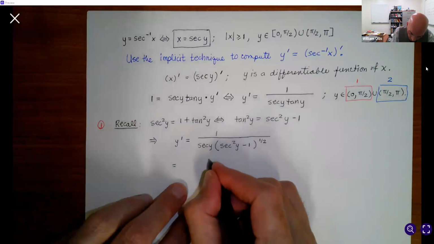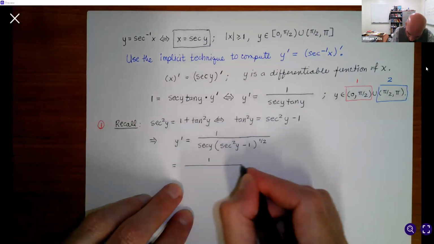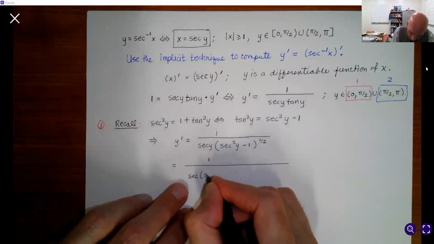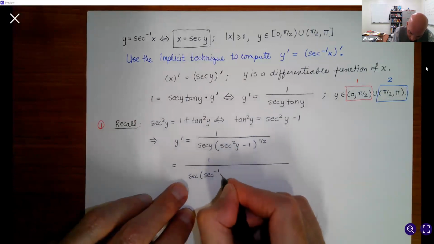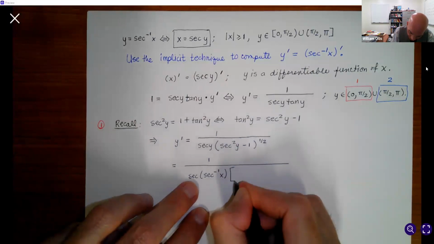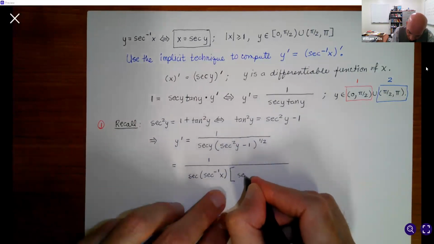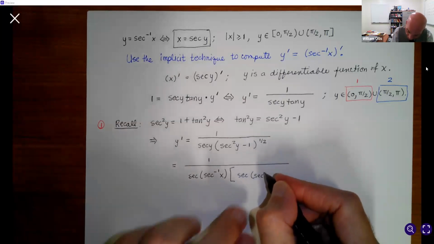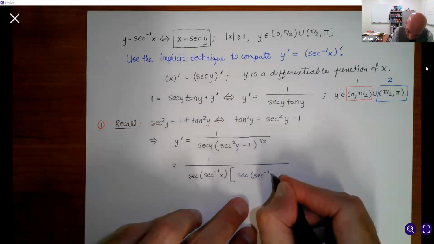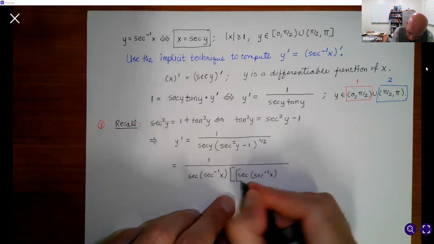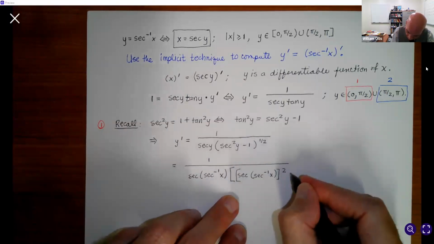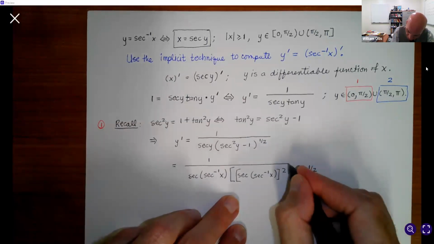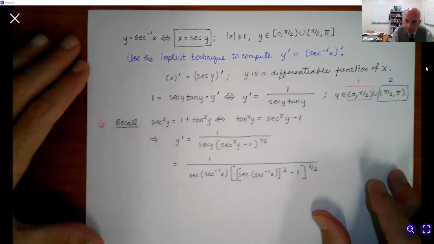So now we get 1 over secant of the inverse secant of x, and then we have secant of the inverse secant of x all squared minus 1, using the 1/2 power just because it's a little bit easier to write than the square root symbol.